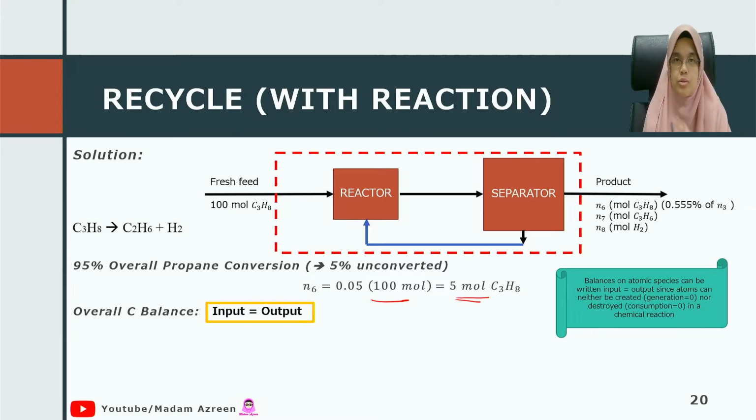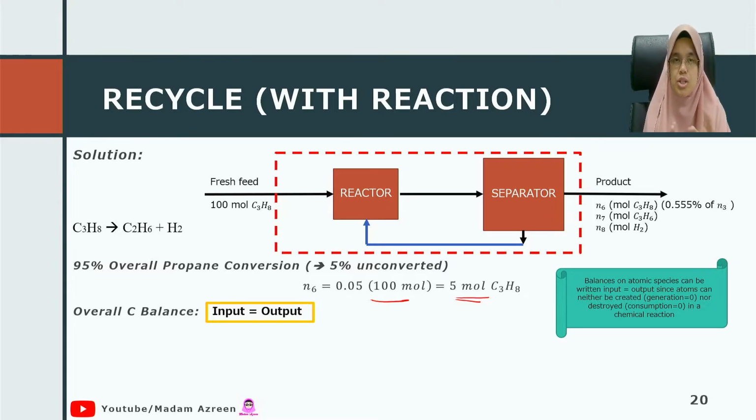Okay, if you still don't get it, you can leave a comment below. The next thing to do is the C balance. Input is equal to output. Although this process involves a reaction, the overall balance or the atomic balance can be written as input equals output, because there is no generation or consumption of a specific atom, for example carbon.